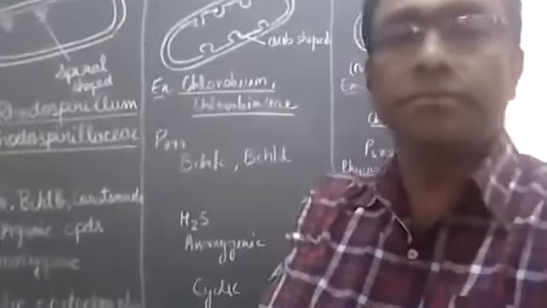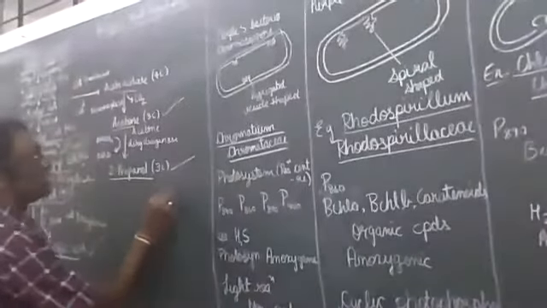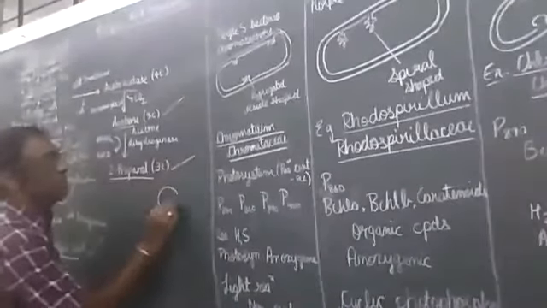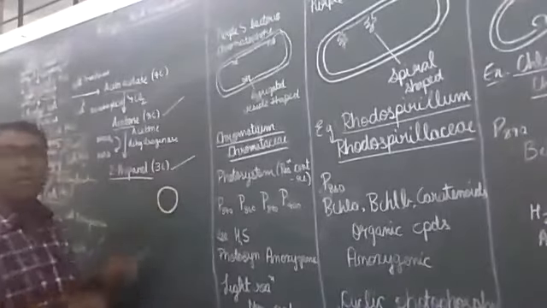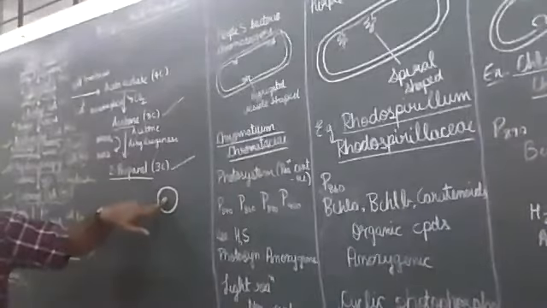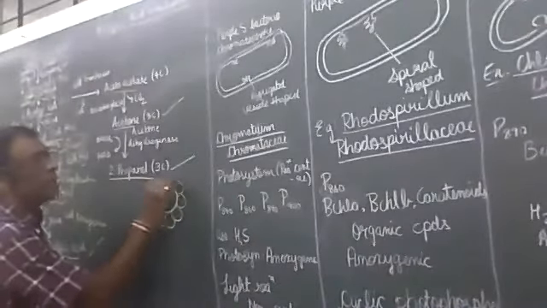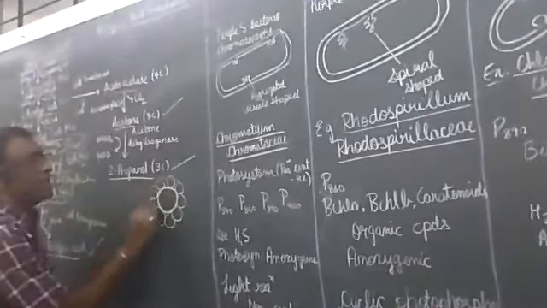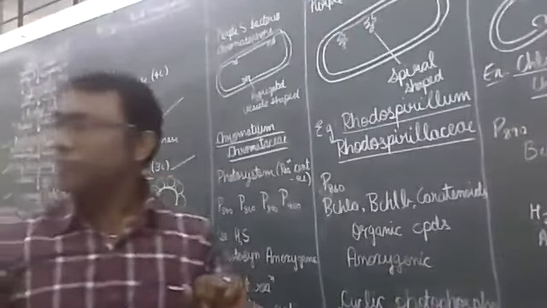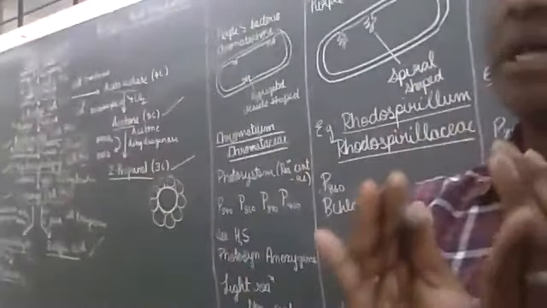I'll just give you an idea. A photosystem means something with a central pigment, and surrounding it there are other accessory pigments. Means a central chlorophyll, to make it very simple for today's class.